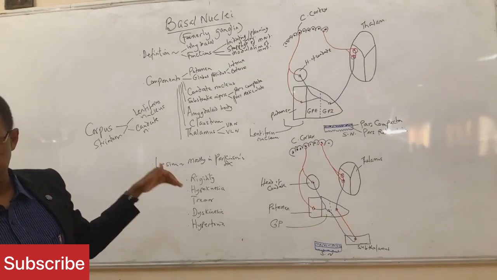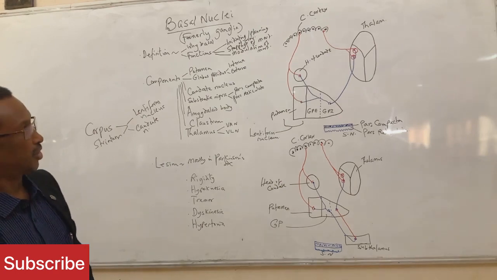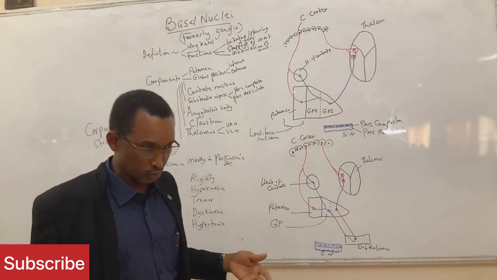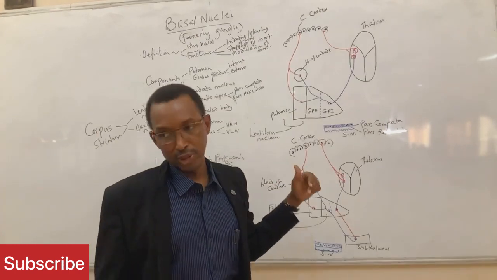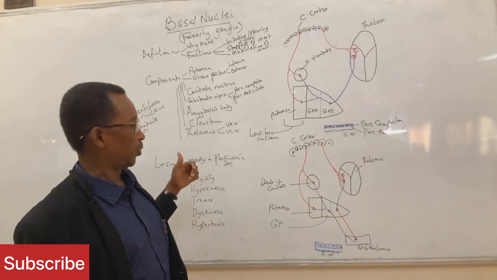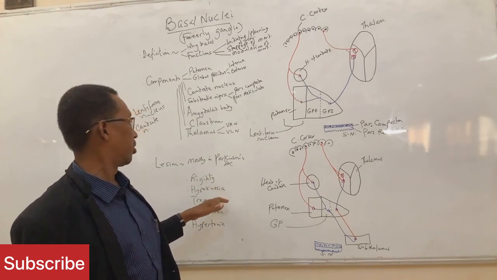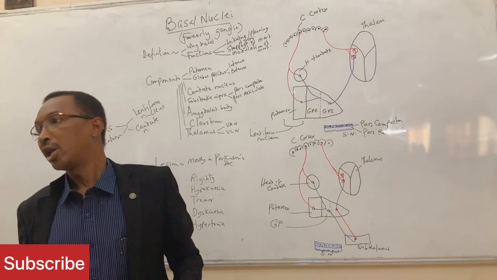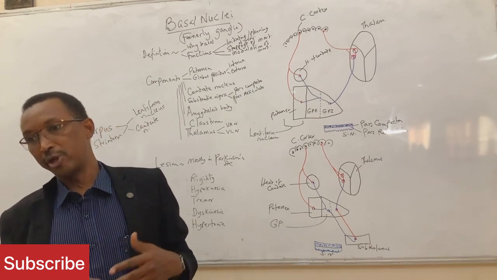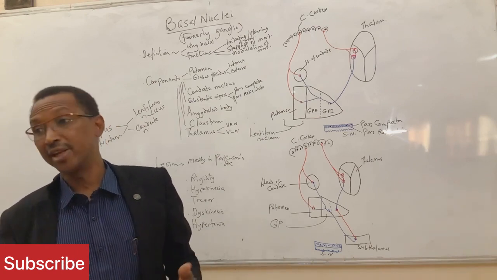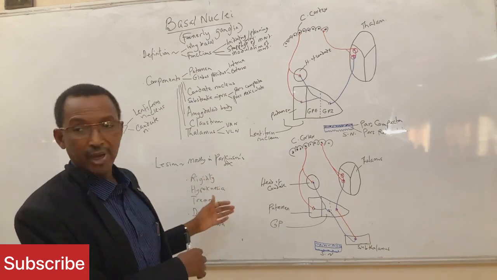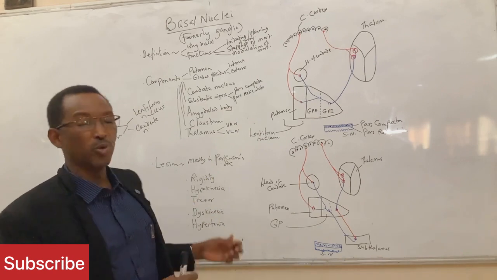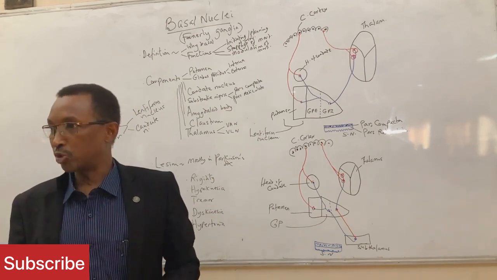So what happens if there is a lesion of the basal nuclei? Most of the diseases that affect the basal nuclei, the most important one we are fully aware of, is Parkinson disease. On the clinical side you will see a lot of patients, because it is a very common presentation. There is a problem with planning and initiation of motor movement.